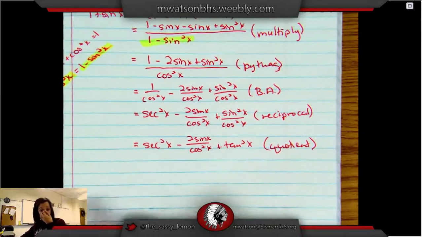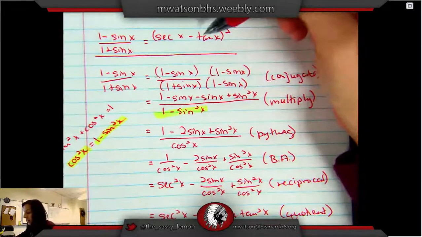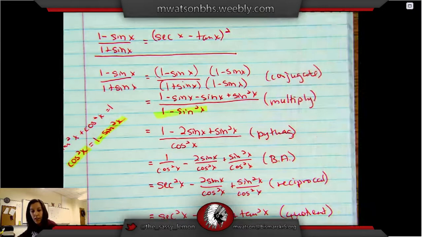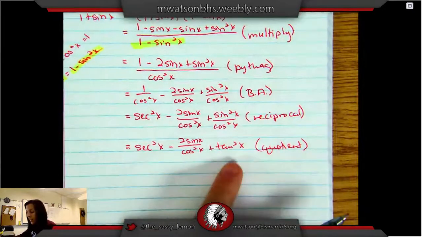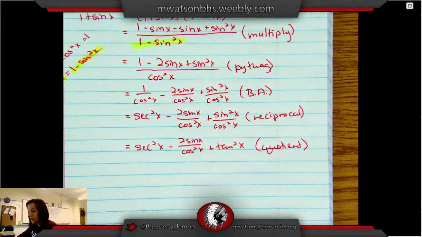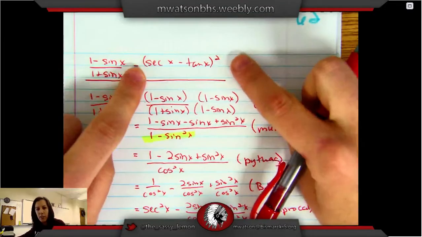Okay, so let's just remind ourselves what we're going for. So we're going for secant minus tangent quantity squared. And down here we've got a secant squared, a tangent squared, and something funky going on in the middle. I'm going to bring in something that you haven't seen before, but now that you've seen it, hopefully it'll start to trigger something. We just talked about factoring.